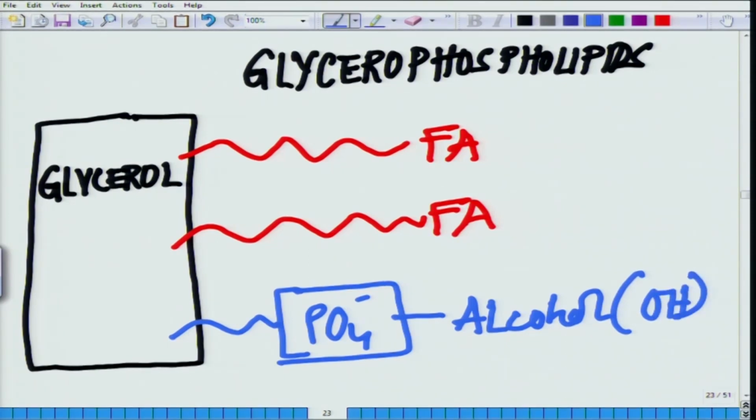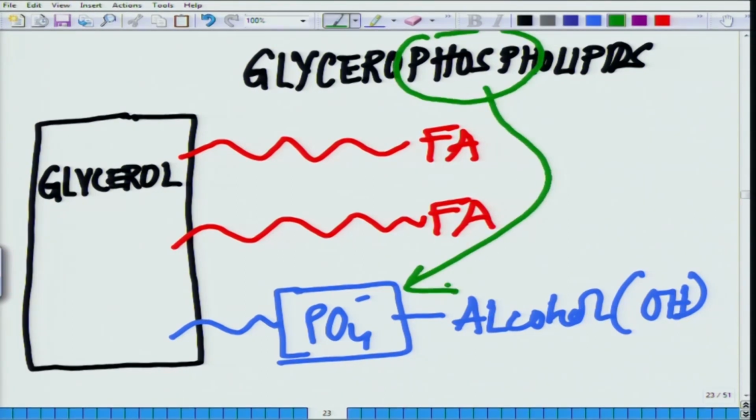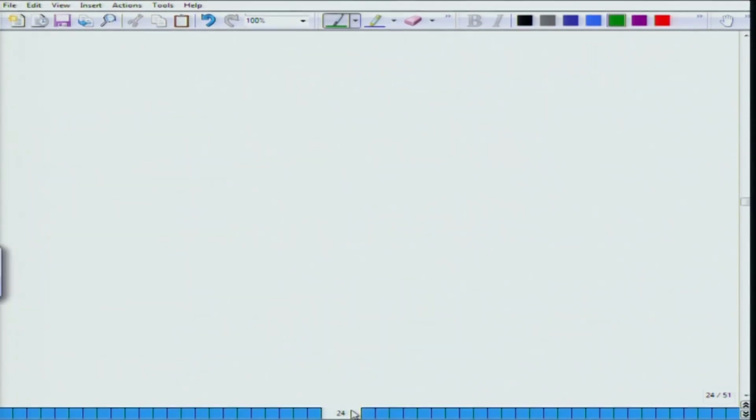These are called glycerophospholipids, and this phospho is coming from glycero. So, here is that phospho group. Next, we will go talk about the sphingolipids in that class.